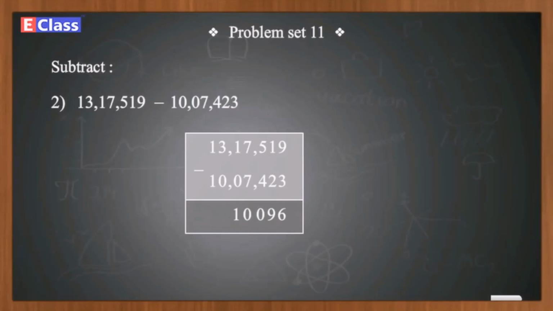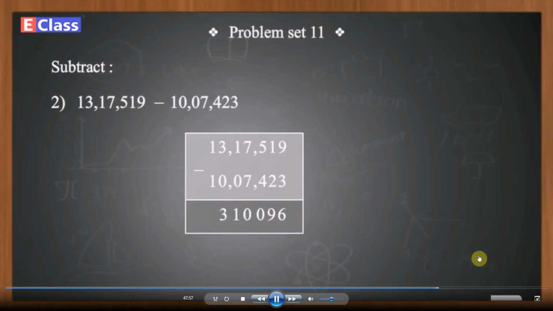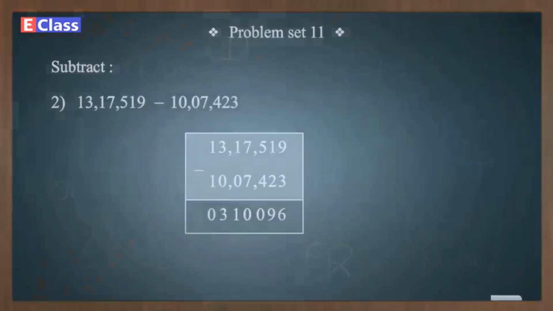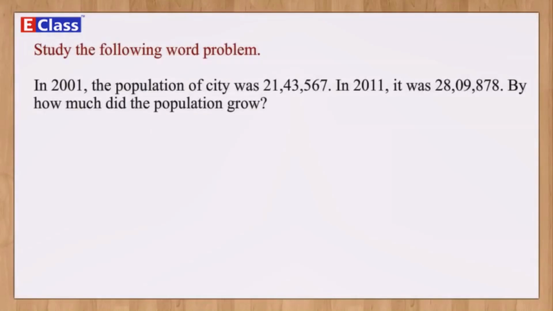We subtract 0 lakhs from 3 lakhs. We will get remainder 3 lakhs. By subtracting 1 ten lakh from 1 ten lakh, we shall get 0 lakh as remainder. Hence, the difference is 3,10,096.